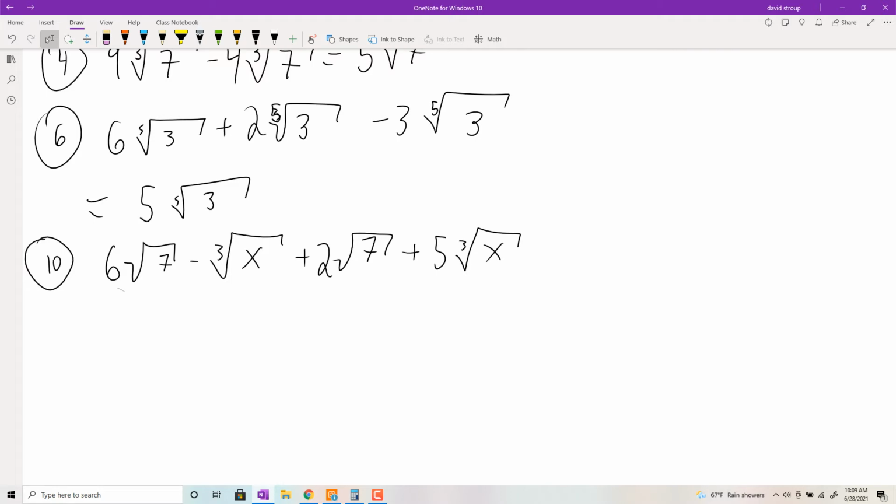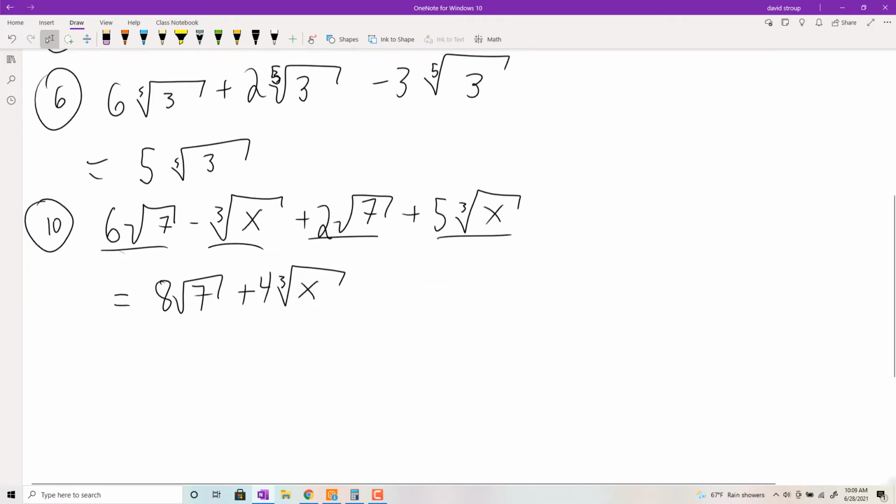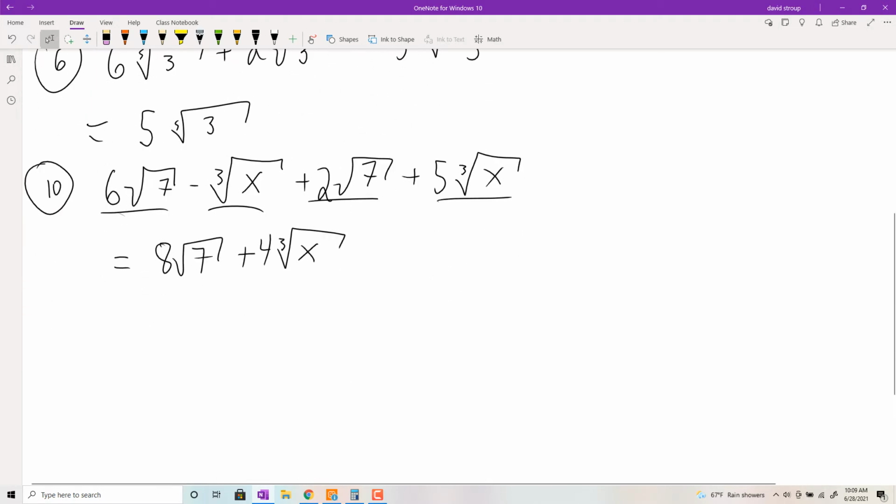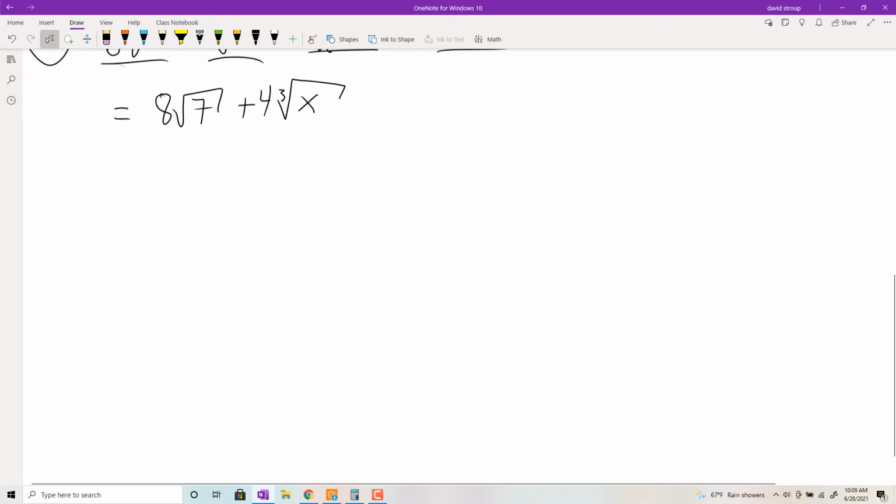So these are like terms, so 6 plus 2, there's 8 root 7's, and then these are like terms, so 5 cube root x's minus 1 cube root x is 4 cube root x's. And then there's no more like terms, so you're stuck. Okay, so these are kind of the idea.